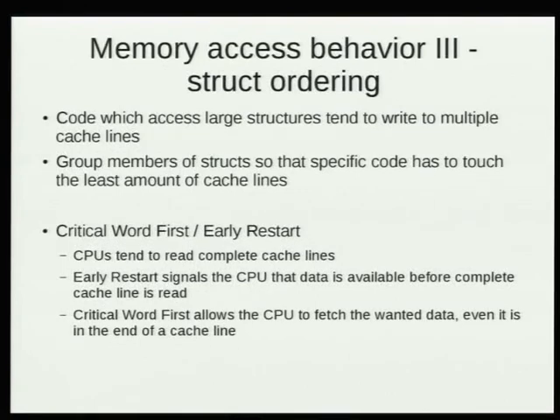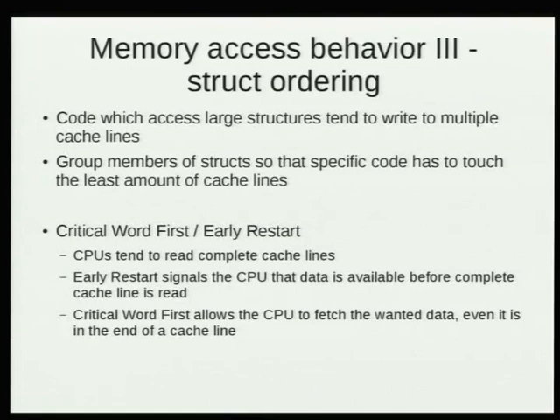Often you also see kernel patches which improve performance by just reordering the members of a structure. The reason is that current CPUs only deal with cache lines. They always fetch one full cache line and they always write one full cache line.